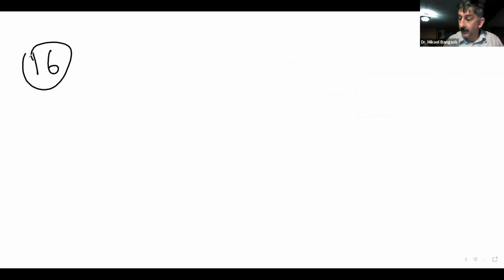Now what we have here is an 8 megahertz transducer with a pulse repetition frequency of 5,000 hertz.